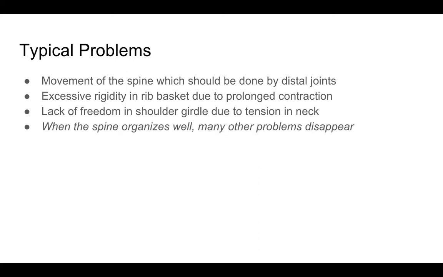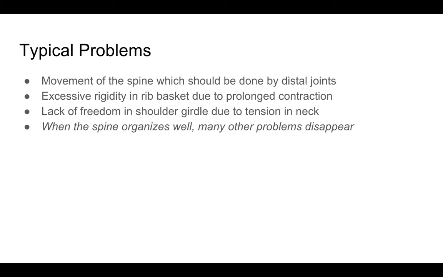And here's the thing. When the spine organizes well, when we have proportionate mobility across the curves of the spine, when we have adequate control over the functions of the spine, many other problems seem to disappear.